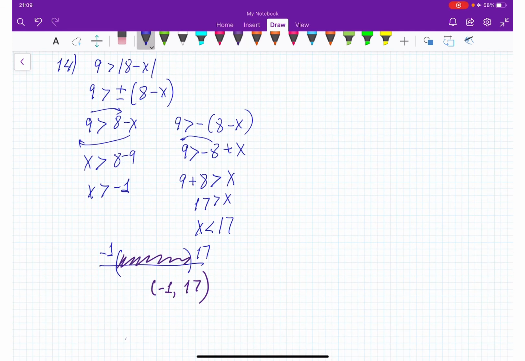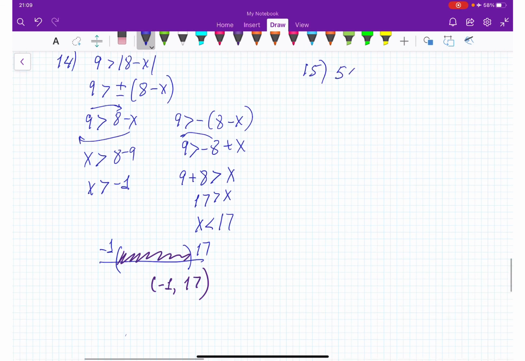And lastly, question number 15. 5 is less than 3 minus 2x. Okay, that means 5 is less than positive 3 minus 2x, and 5 is less than negative 3 minus 2x.